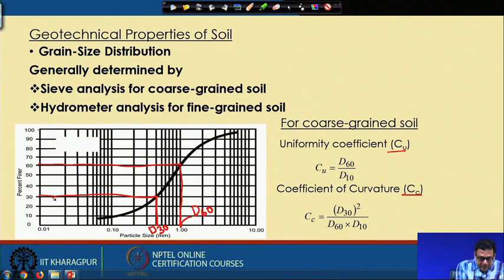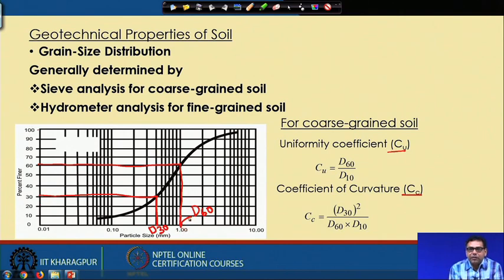What does D60 mean? These particles are 60% finer than this particle size. Say this particle size is 1 millimeter.